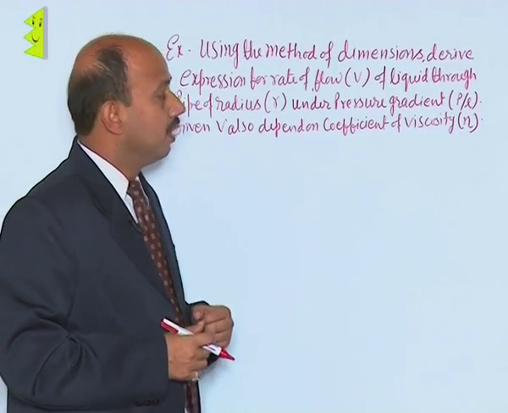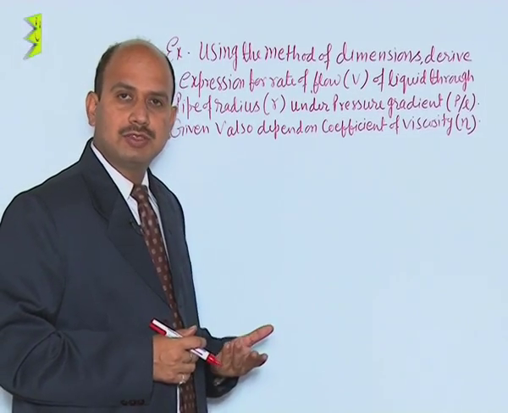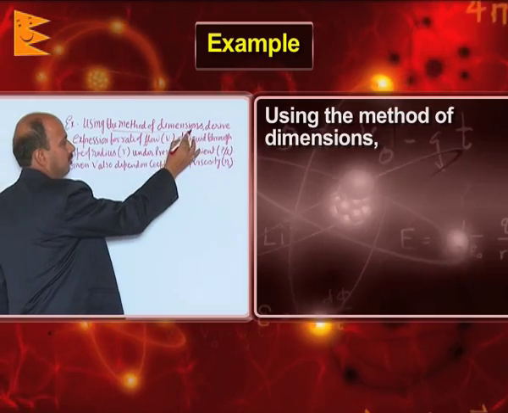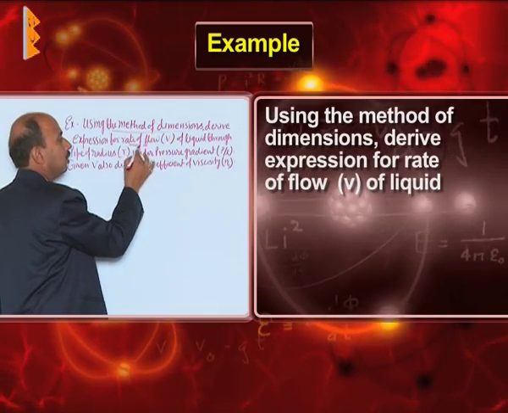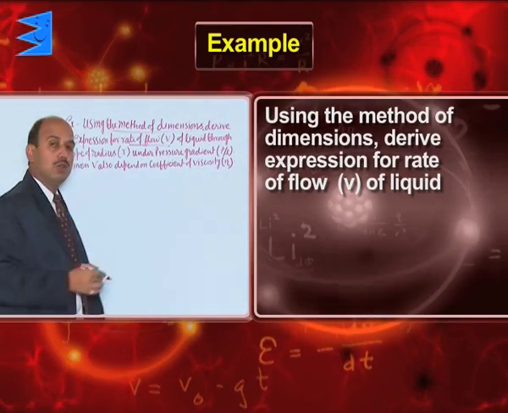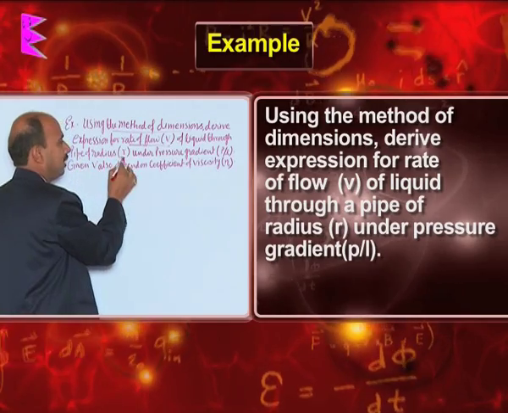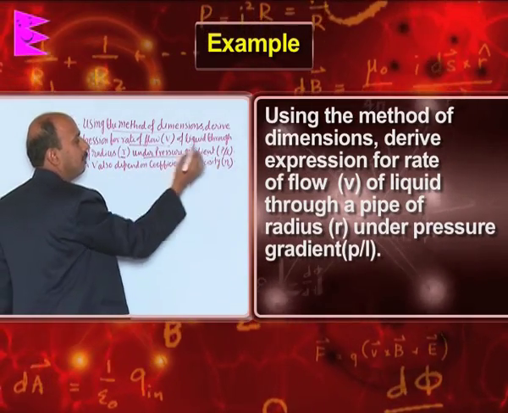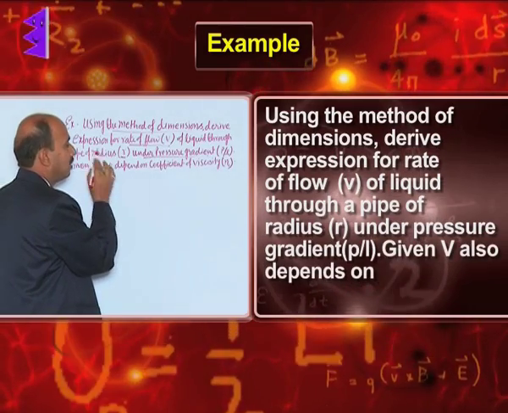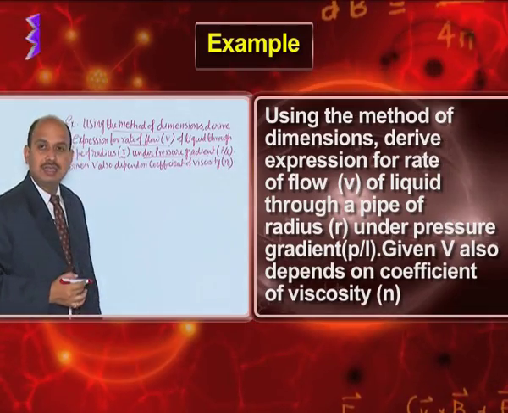Now, see in this question, this example is also based on the third application, derivation of formula. Using the method of dimensions, derive the expression for the rate of flow of liquid, that is V. Rate of flow of liquid is the volume of liquid flowing per second through a pipe of radius r under pressure gradient P upon L, and it also depends on the coefficient of viscosity eta.